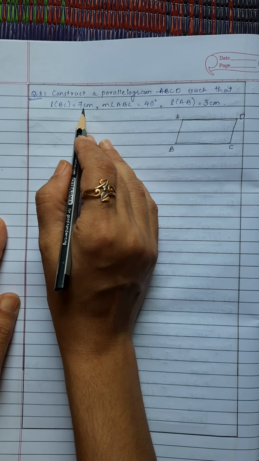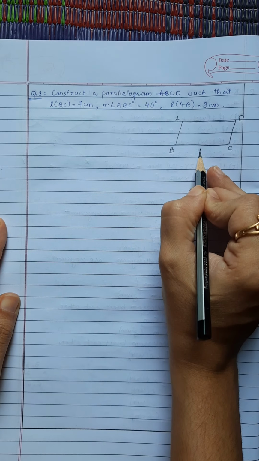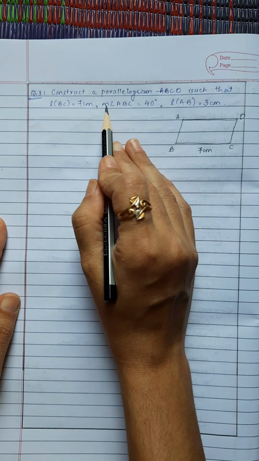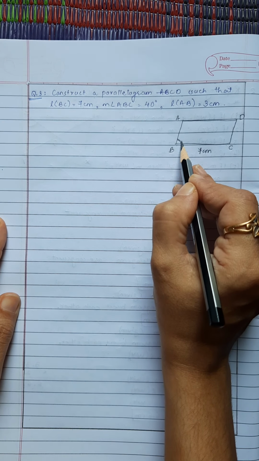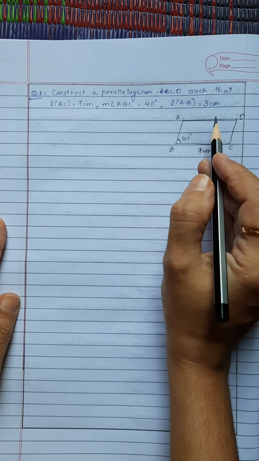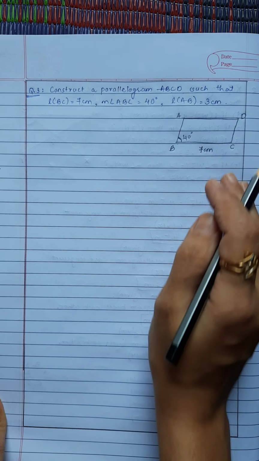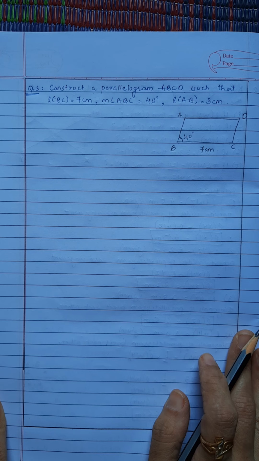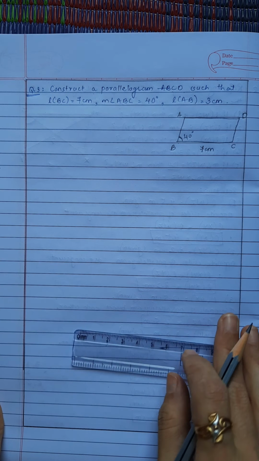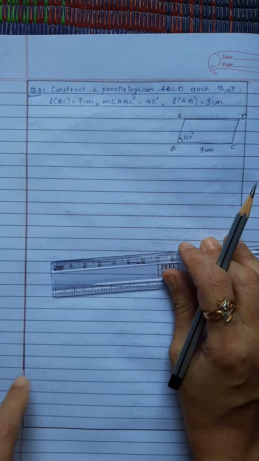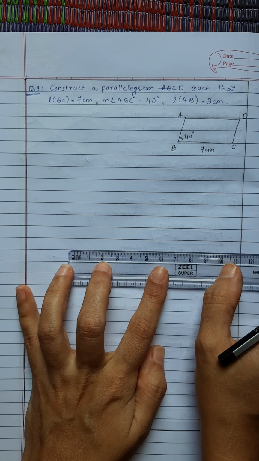Length of BC is 7 centimeters. So BC length is 7 centimeters. Measure of angle ABC is 40 degrees. So B measurement is given as 40 degrees. Based on this information provided, we have to prepare the parallelogram. First, we'll start with the base BC, that is 7 centimeters.